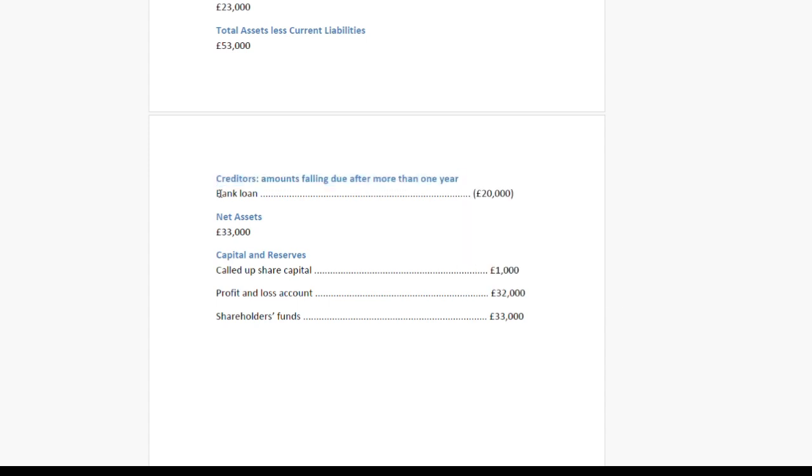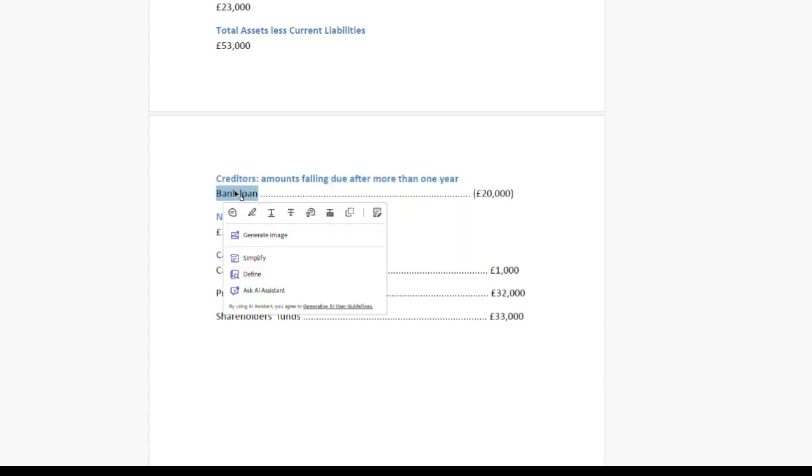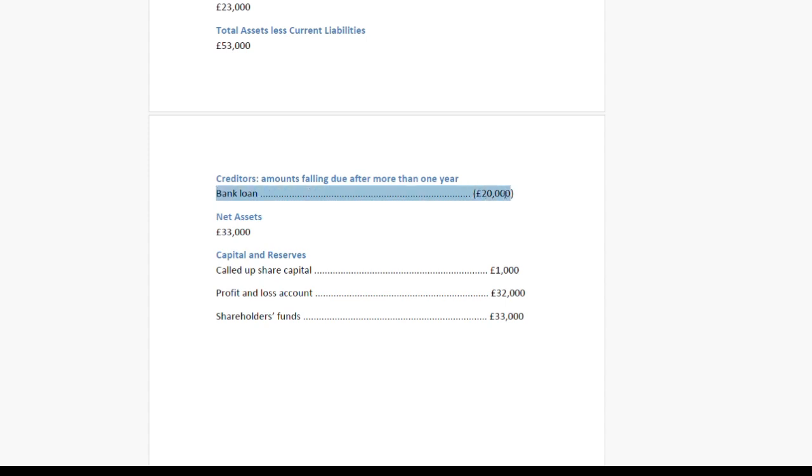It's called creditors amounts due after more than 1 year, which is a long-winded title for saying, if I've got a bank loan, I'm not going to need to repay that bank loan for more than 1 year. So it is an amount that's owed, but it's not a short-term creditor. It's not something that's going to need to be paid off soon or immediately. So again, that is held on your balance sheet and carried forward as an amount that's potentially owed.